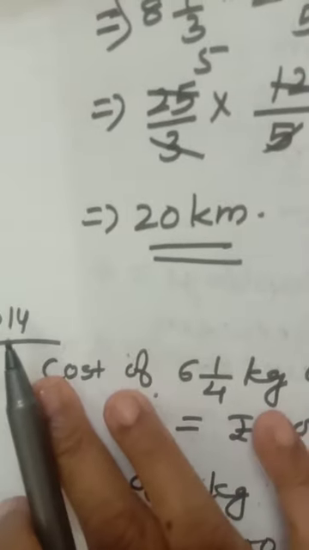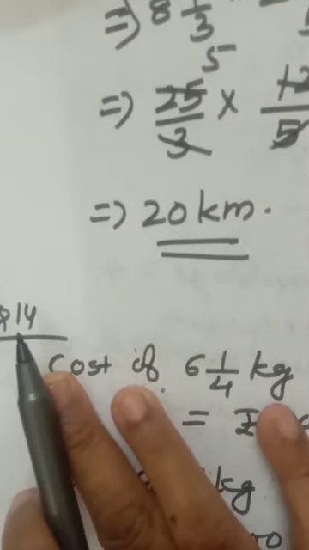See, question number 14. The cost of 6 and 1/4 kg of apples is rupees 400. At what rate per kg? Per kg meaning 1 kg of apples, how much?